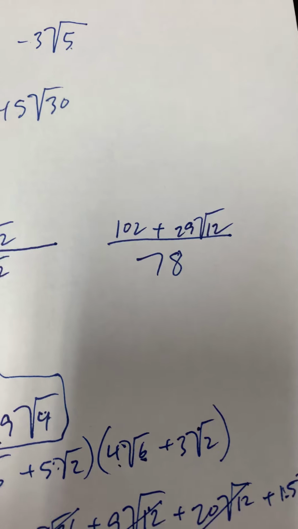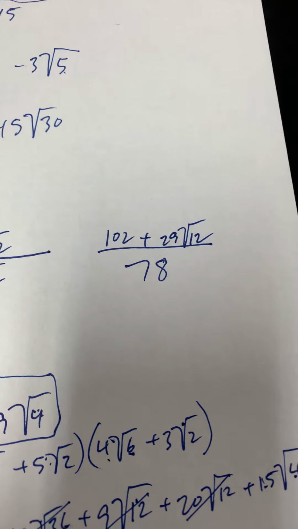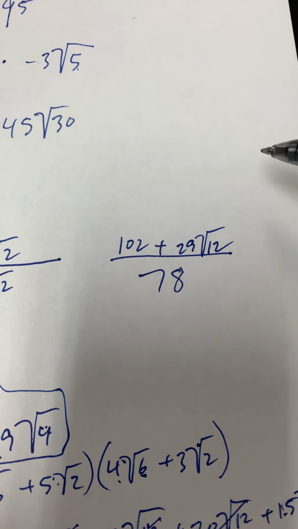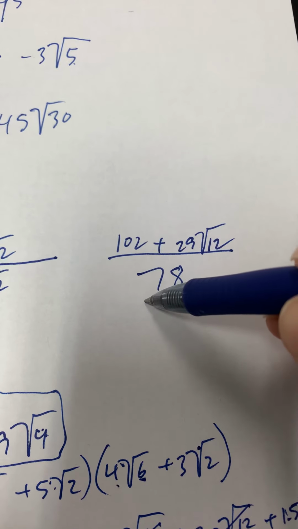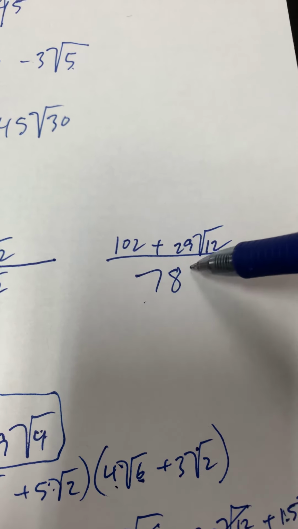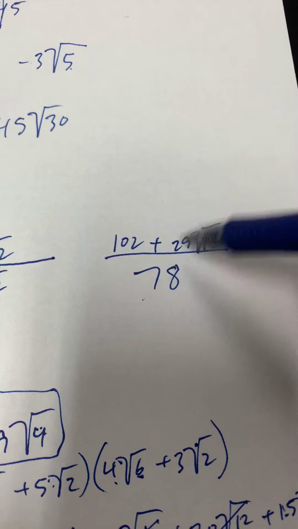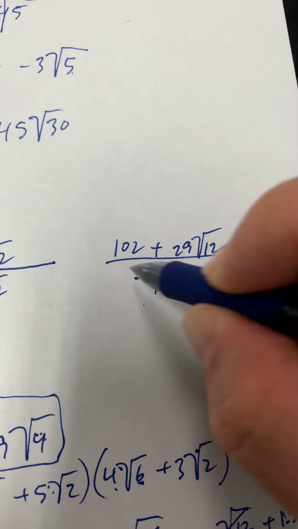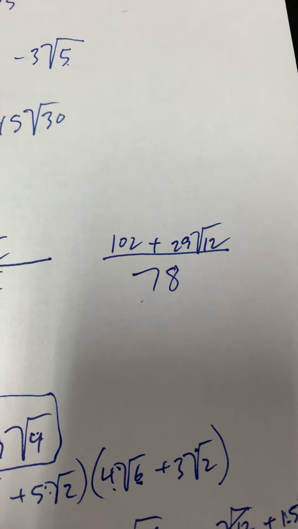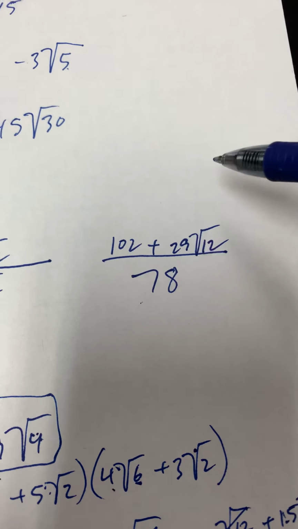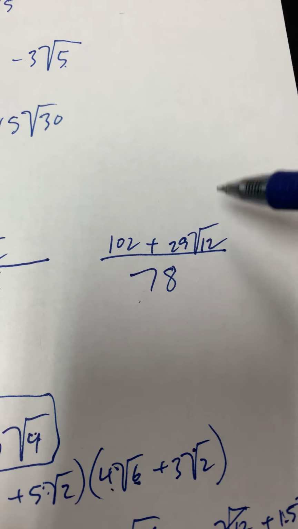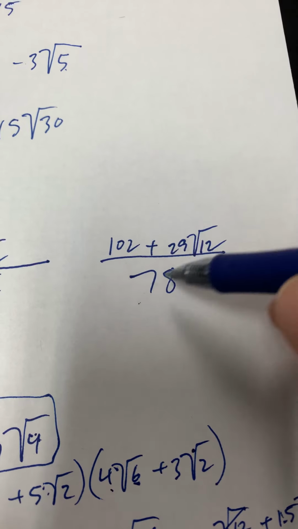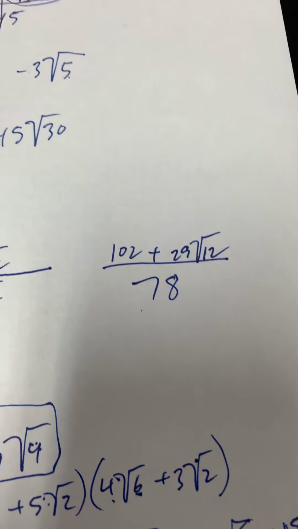Now, I'm a little bit conflicted here because Ignitia simplifies and cancels, divides both the 78 and the 102 by 2, and you get 51 plus 29 times square root of 12 over 39. Okay.